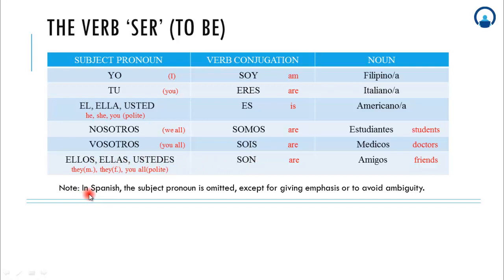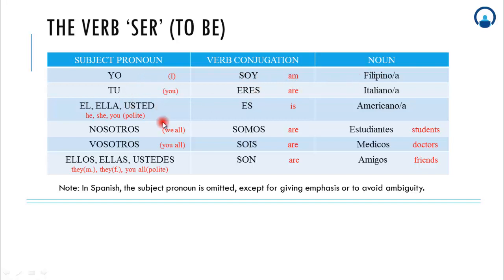Now there's a note saying that in Spanish, the subject pronoun is omitted except for giving emphasis or to avoid ambiguity. That means if I remove the subject pronoun from a sentence, for example, I am Filipino, that means yo soy Filipino.